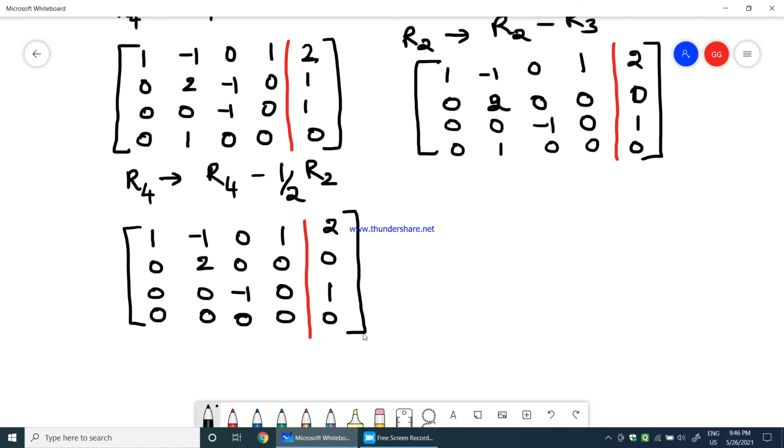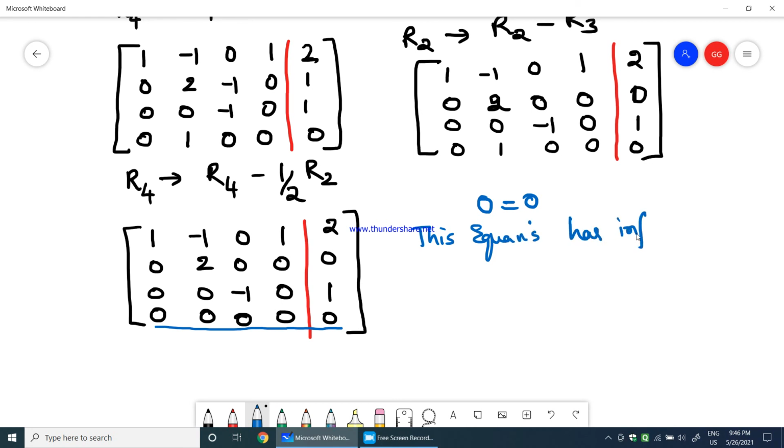So I think this would be the final Gauss-Jordan matrix that we get. But here, as I said before, you see the complete row is 0. Therefore, when we see 0 equals 0, we say that such a system of equations has infinitely many solutions.